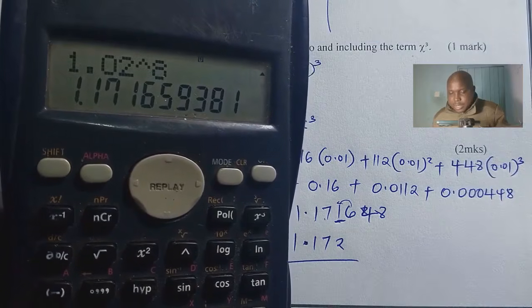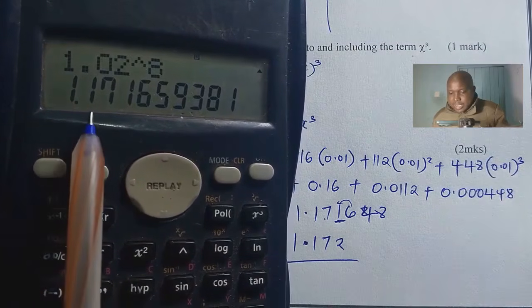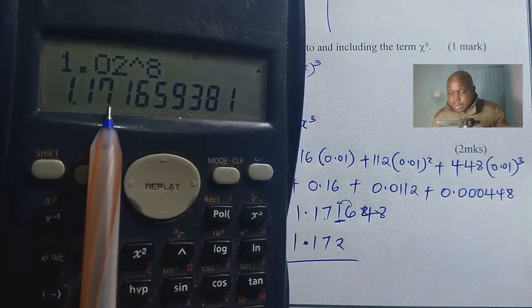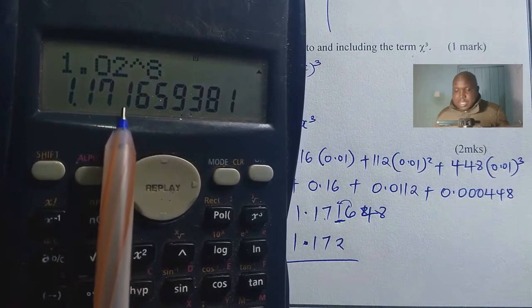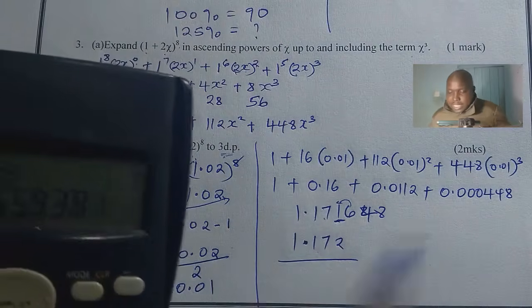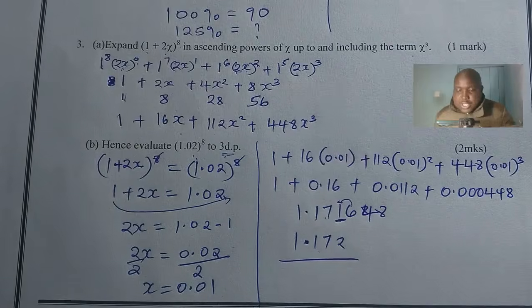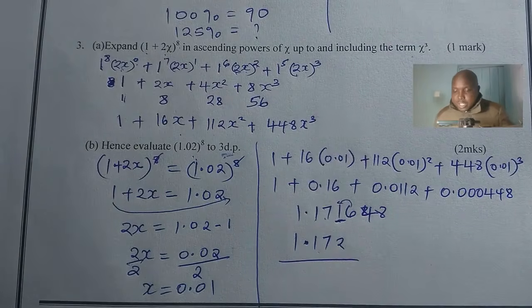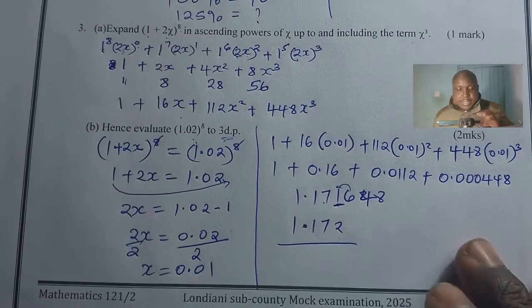You can see that the answer is 1.17. When we round this, it will be exactly our answer. So it is important that you check with a calculator after you have finished to ensure that you get the marks.